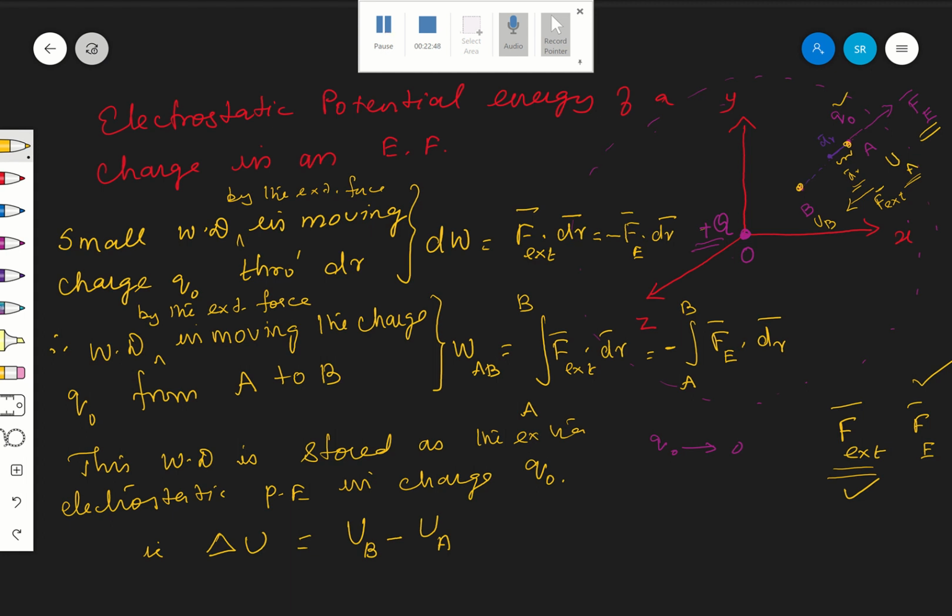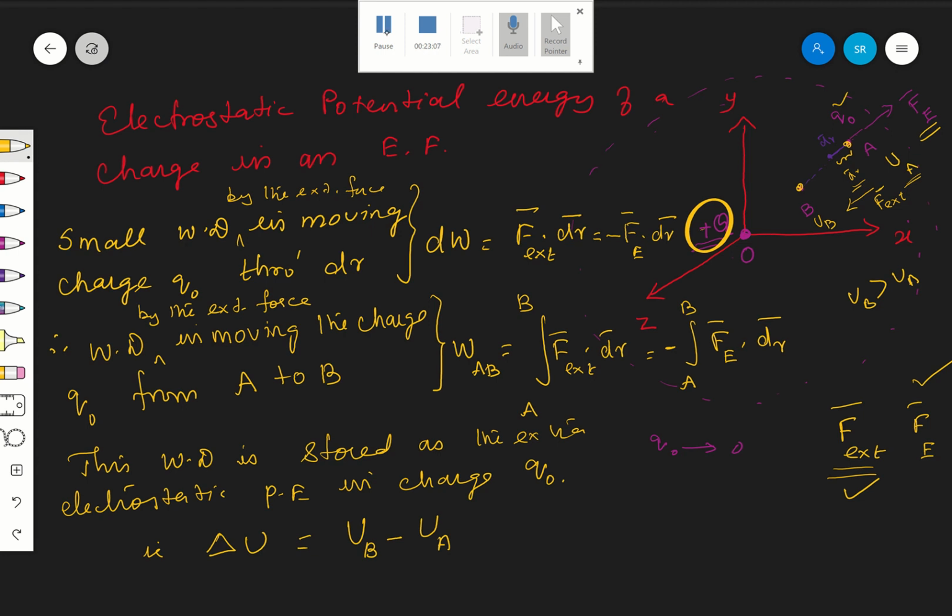When it is brought to B, it has potential energy UB. UB is larger than UA. Why? Because the source charge is plus Q, and B is very close to plus Q, so definitely UB will be more than UA.